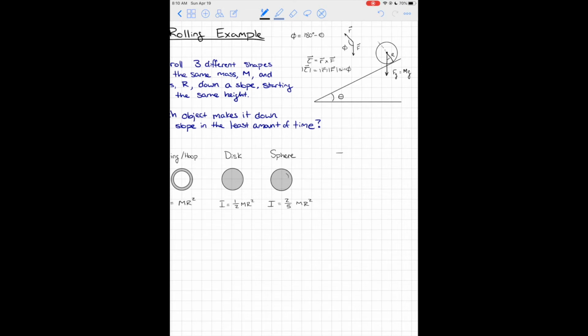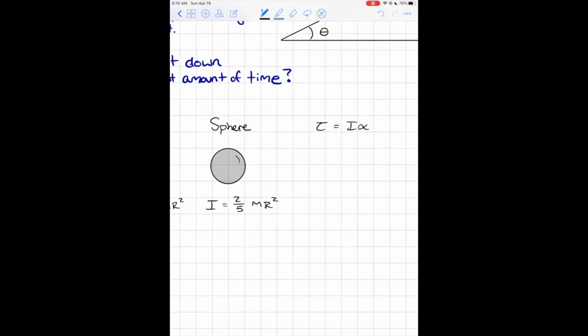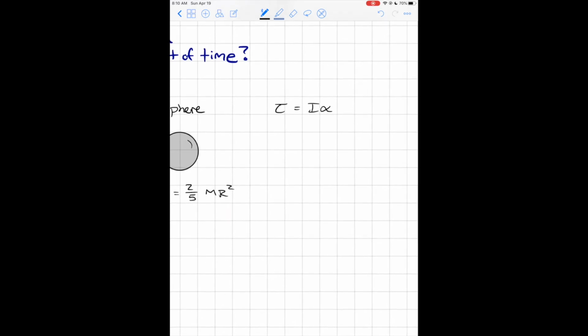Well, remind ourselves that we have torque equal to I alpha. If I'm just thinking about magnitudes, I can just leave it as this. Another way of saying this, we can say alpha is equal to our torque over the moment of inertia.